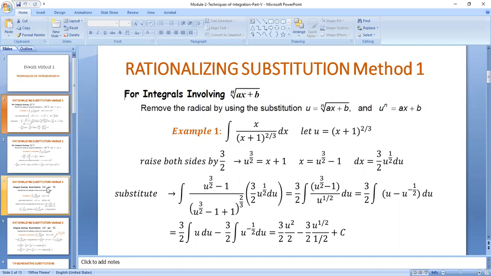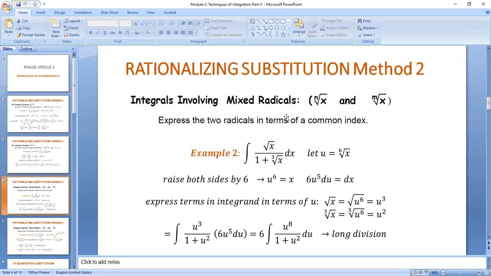For method 2, it's for those integrals that contain a mix of nth roots. Okay, you have here the nth root of x, and this one is another nth root of x. So these nth roots are not equal.